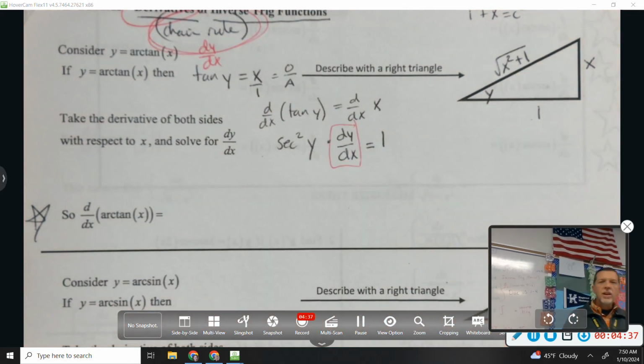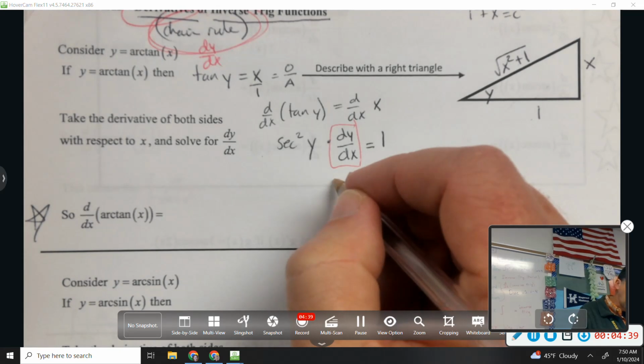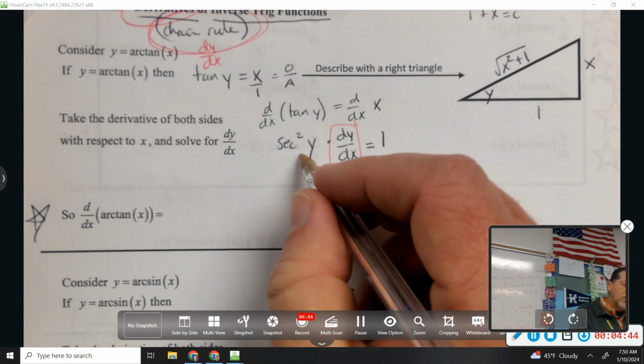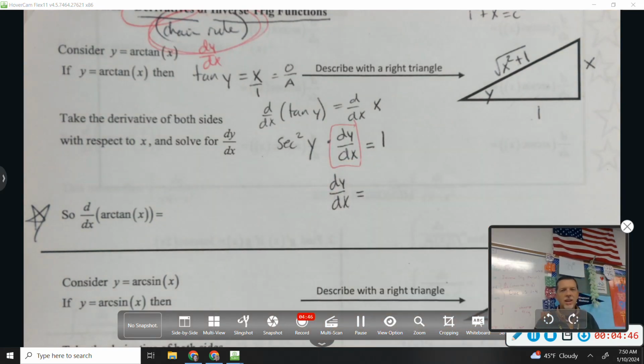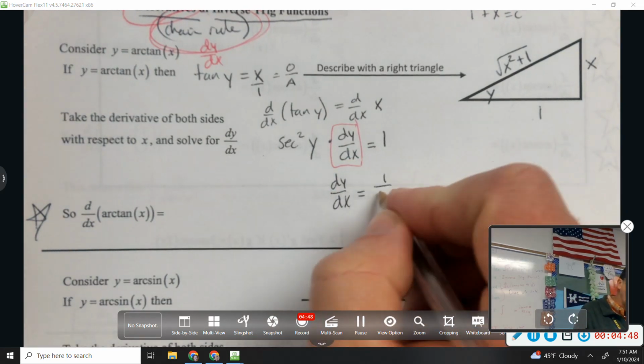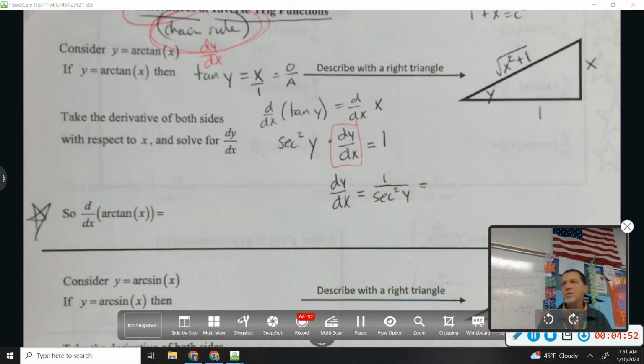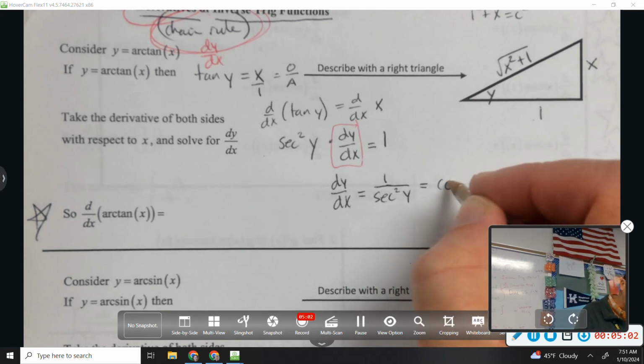In fact, this actually turns out kind of nice, because if I move secant squared to the other side, I guess I could write it as 1 over secant squared. But there's a much nicer way to write 1 over secant squared. What's 1 over secant? The same thing as cosine. So this is the same thing as cosine squared of y.